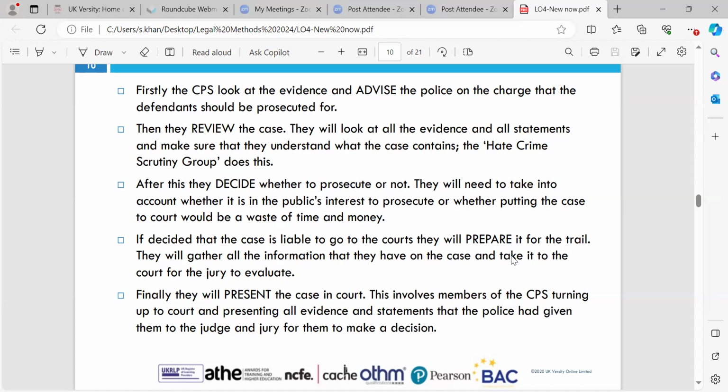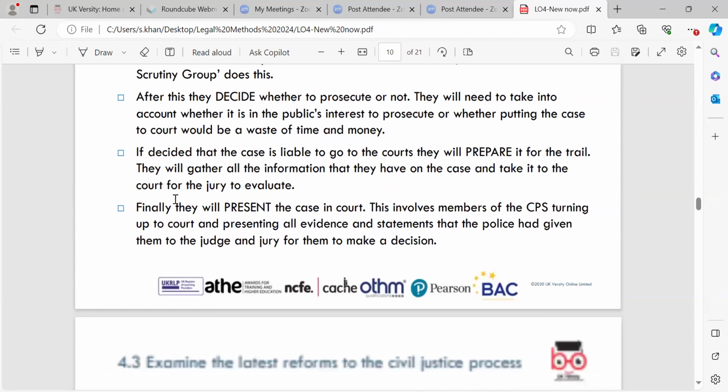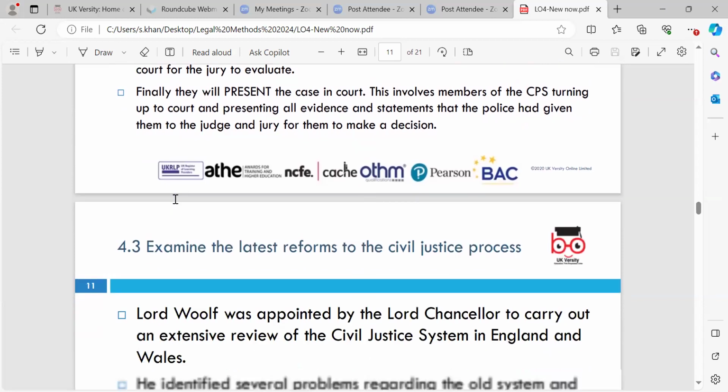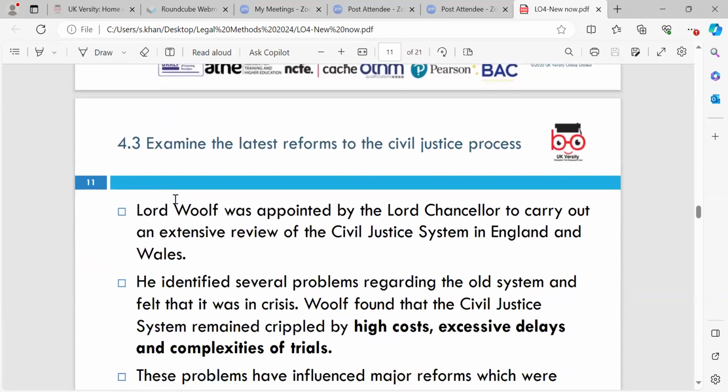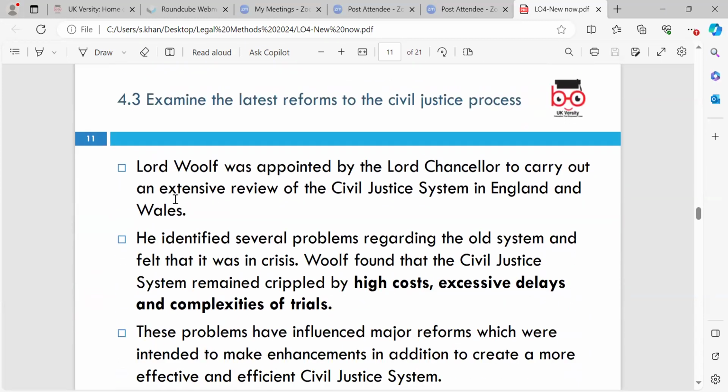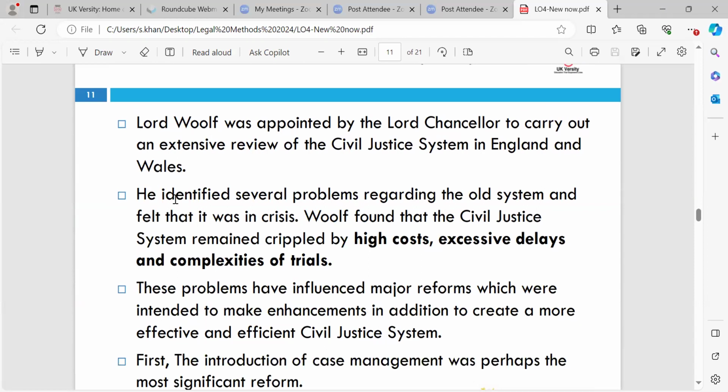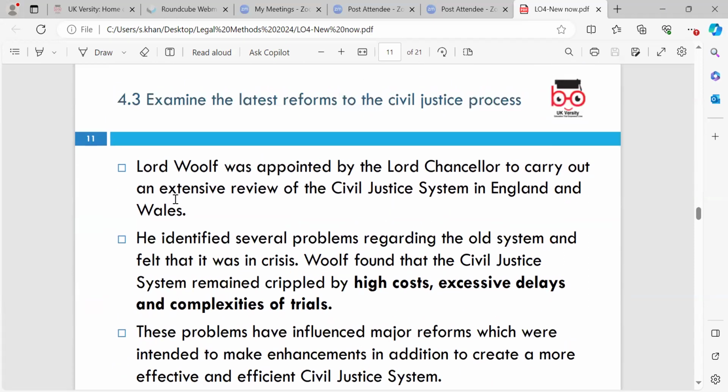So now we're going to move on to the next slide, which is 4.3, to examine the latest reforms to the civil justice process. Lord Woolf was appointed by the Lord Chancellor to carry out an extensive review of the civil justice system in England and Wales. He identified several problems regarding the old system and felt that it was in crisis.